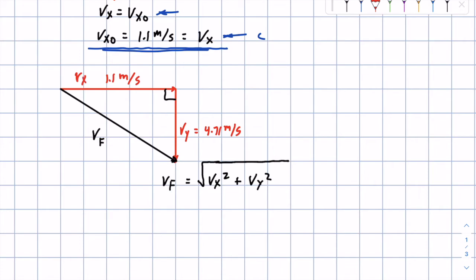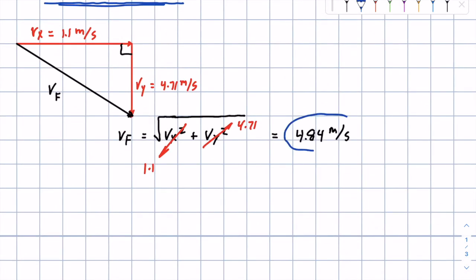I guess I should label this Vx just to be clear. Okay, so plugging in for Vx, and don't forget to square it, 1.1, and for Vy of 4.71, don't forget to square it, and then take the square root of everything. We get a v final of 4.84 meters per second. Boom. That is the magnitude of the impact velocity.